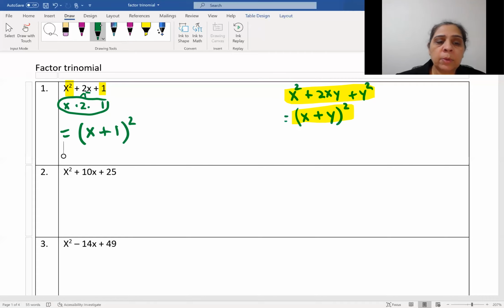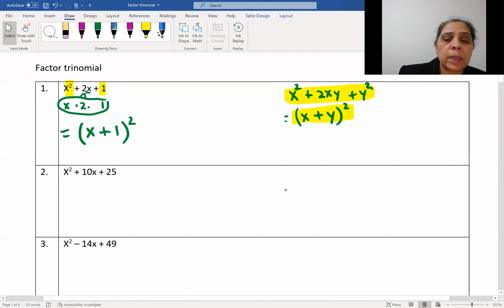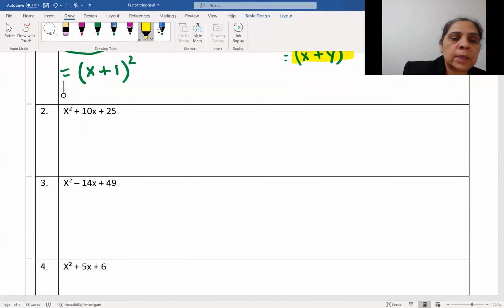So that's the next one. Here we have, do we have first and last terms that are perfect squares and positive? So let's see, we have 25 is positive, x square is positive, both are perfect squares. So real quick, we will just check whether the middle term is satisfied. The square root of x square is x, the square root of 25 is 5, and it must be a product by 2.